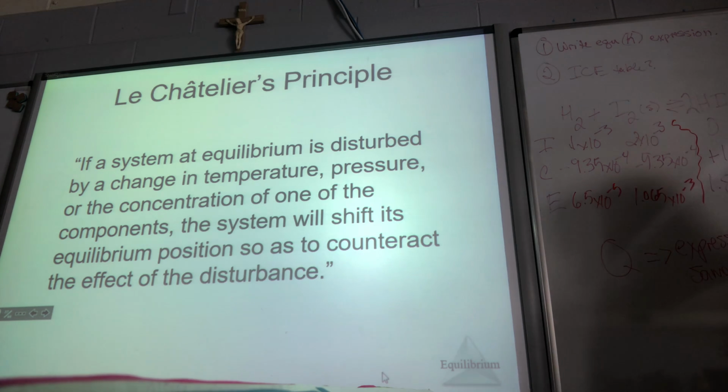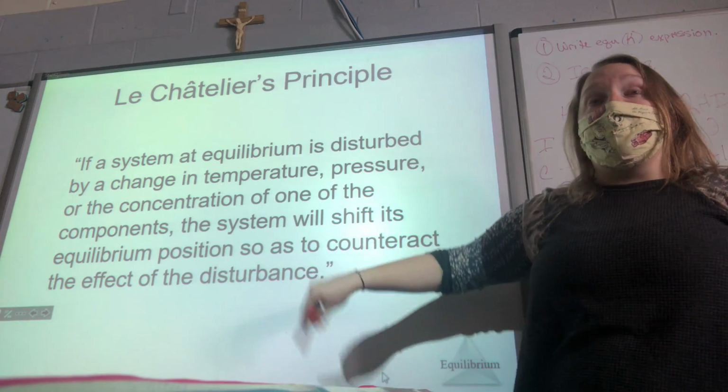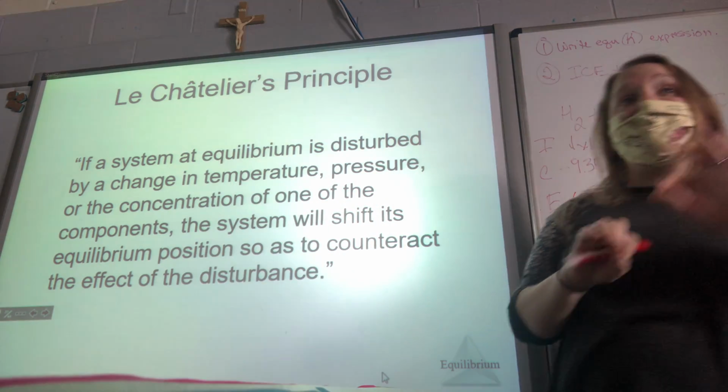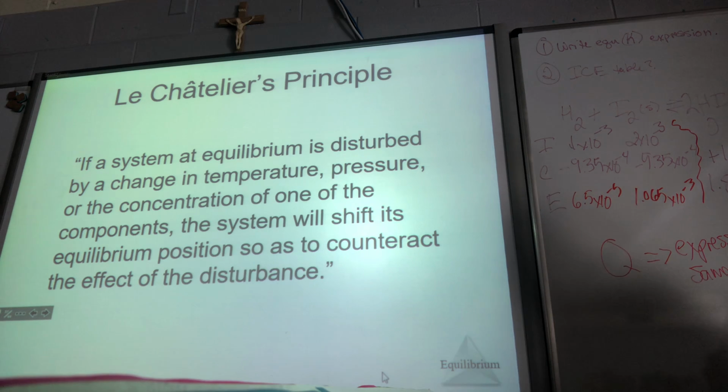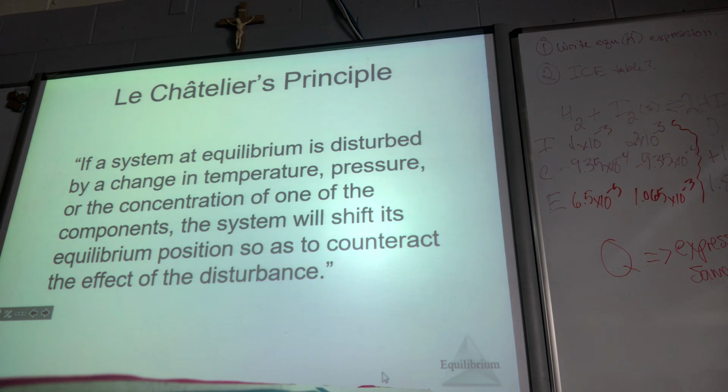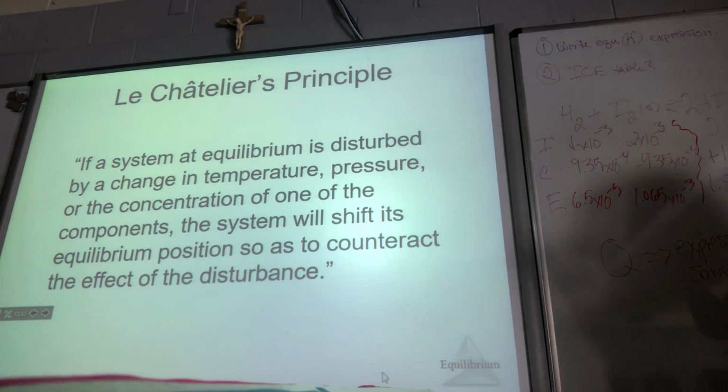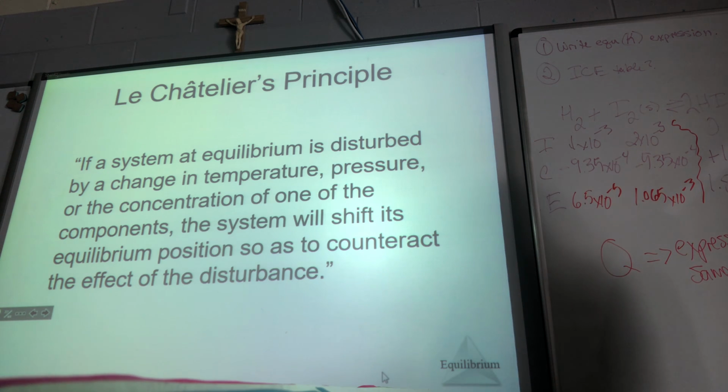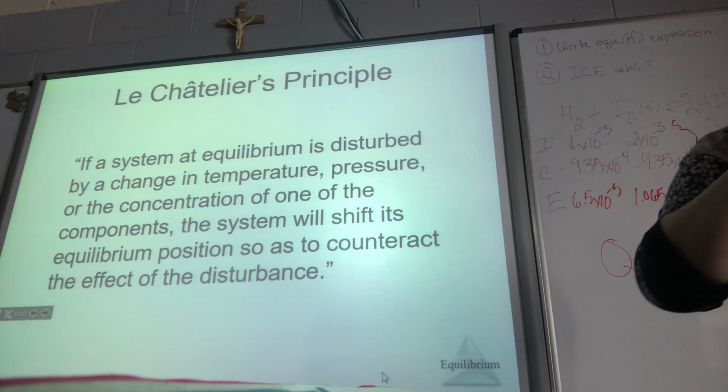Okay? This is Le Chatelier's principle word for word. What it says is that if our system is at equilibrium, aka it's already going nowhere, we've already got the rate of the forward reaction equal to the rate of the reverse reaction. The concentrations of everything are steady.